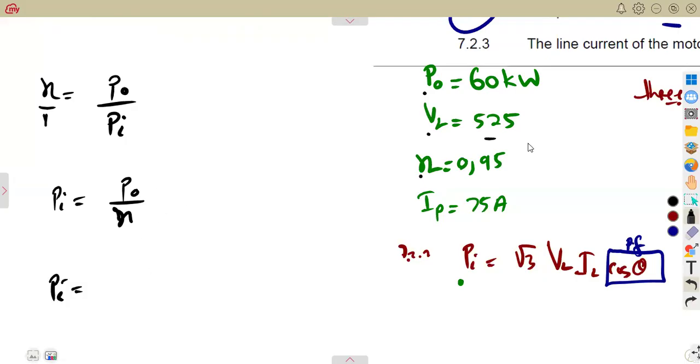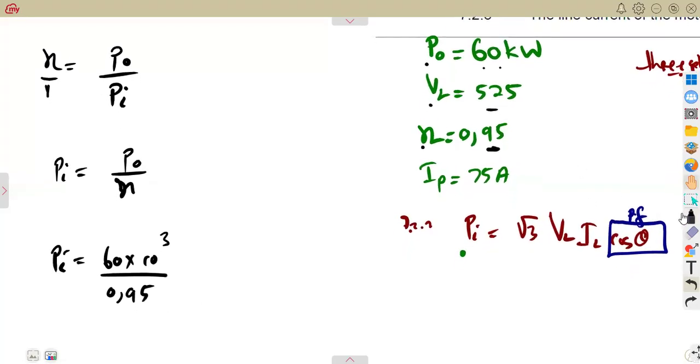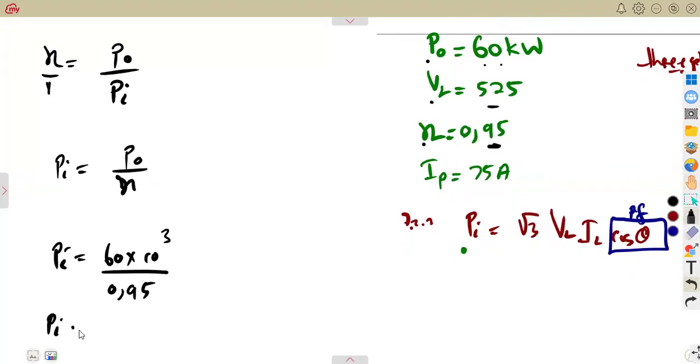So the input power can be calculated from the output power, 60 times 10 to the power of 3, over the efficiency of 95%, which is 0.95. So this is going to give you the input power. In this case, you're obtaining the input power. That was 63,153.895 watts, to 3 decimal places.